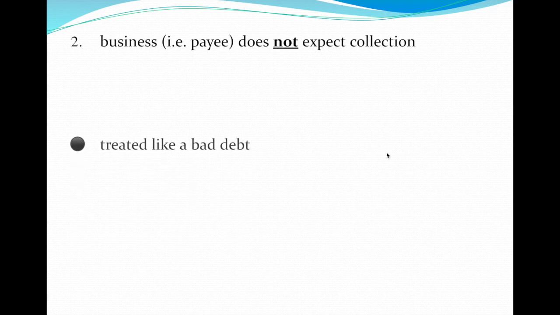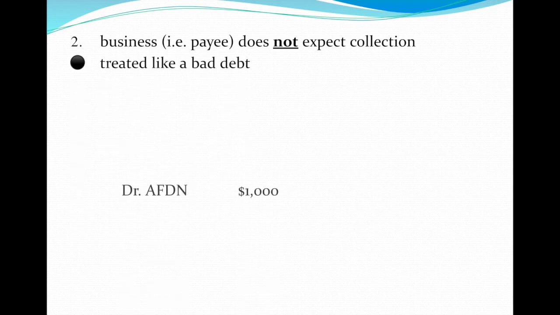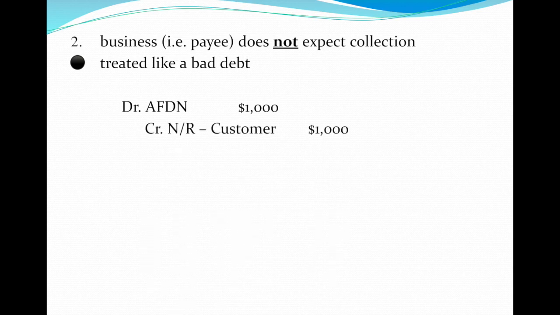Okay, so the second option, number 2, is when the business or the payee does not expect collection. So it is treated just like a bad debt, and any bad debt, whether it's notes or accounts receivable, uses up our allowance for them, right? So we have to make sure that we remove the $1,000.